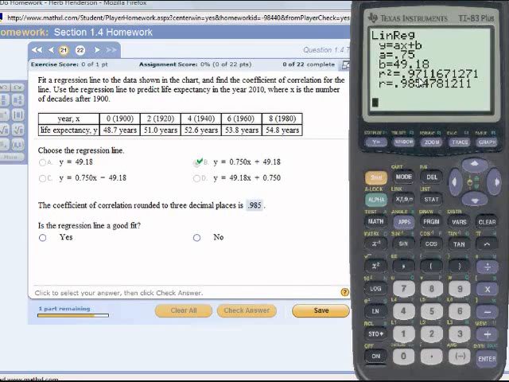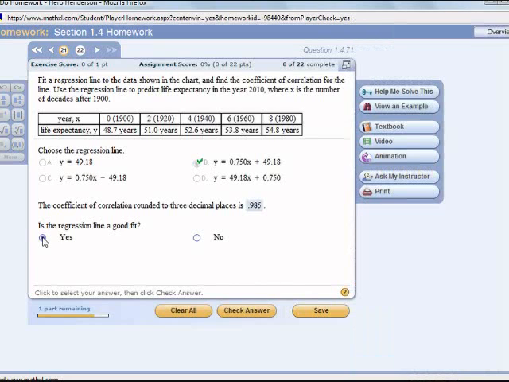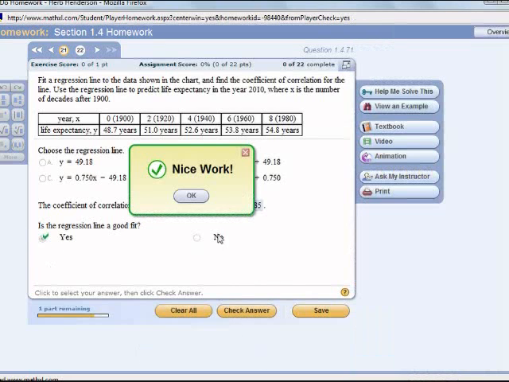You're only 3/100ths off. If r squared had been like 0.1 instead of 0.9, and it was very close to 0, that's an awful fit. So right now, 0.97, 3/100ths away from 1.00. That's a very good fit. So check answer. Nice work.